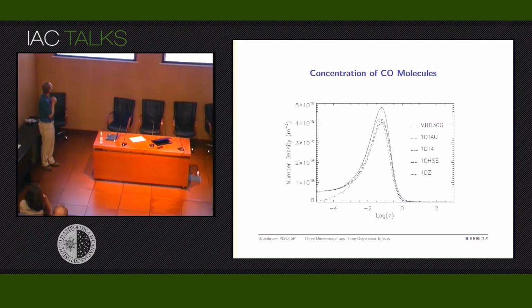The 1D tau curve, which clearly has a lower concentration, is the CO concentration as a function of height in a one-dimensional model that has exactly the same temperature and density stratification as the average from the 3D model.